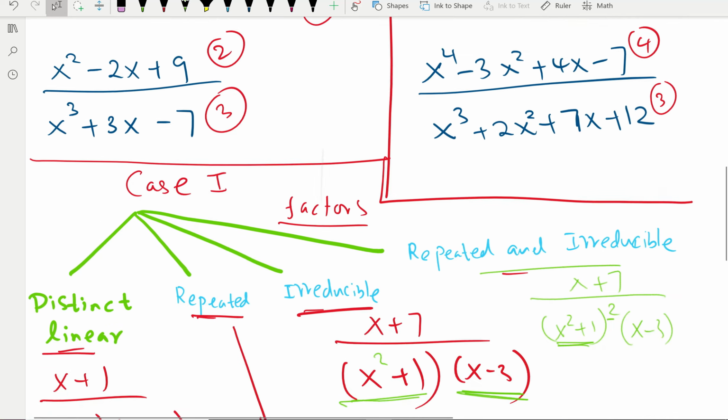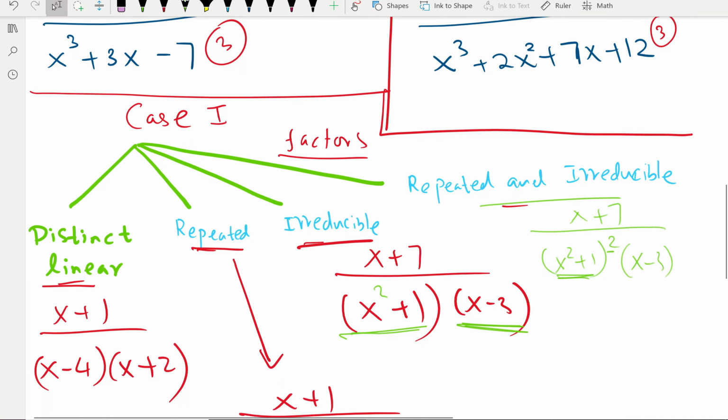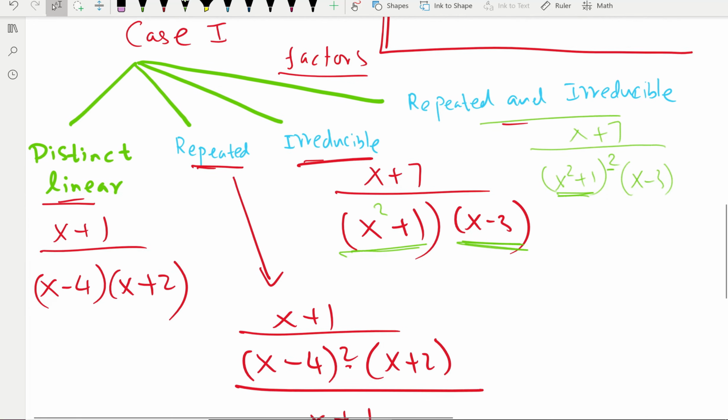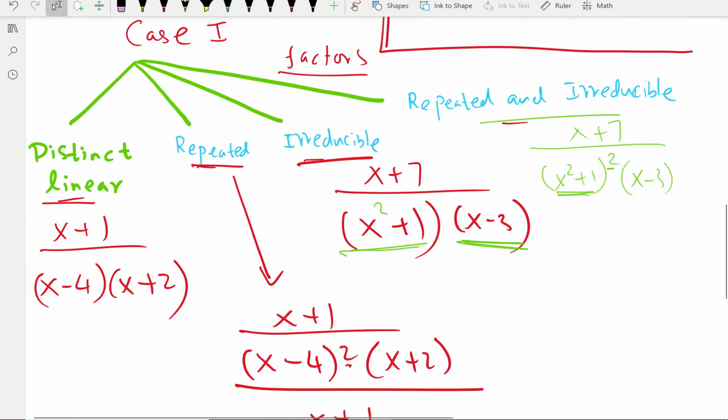Then you look at the factors you get and identify which subcategory you belong to. You might get distinct linear factors. All the factors are different from each other, so distinct, and in all the factors the maximum power of x is 1, so linear factors.